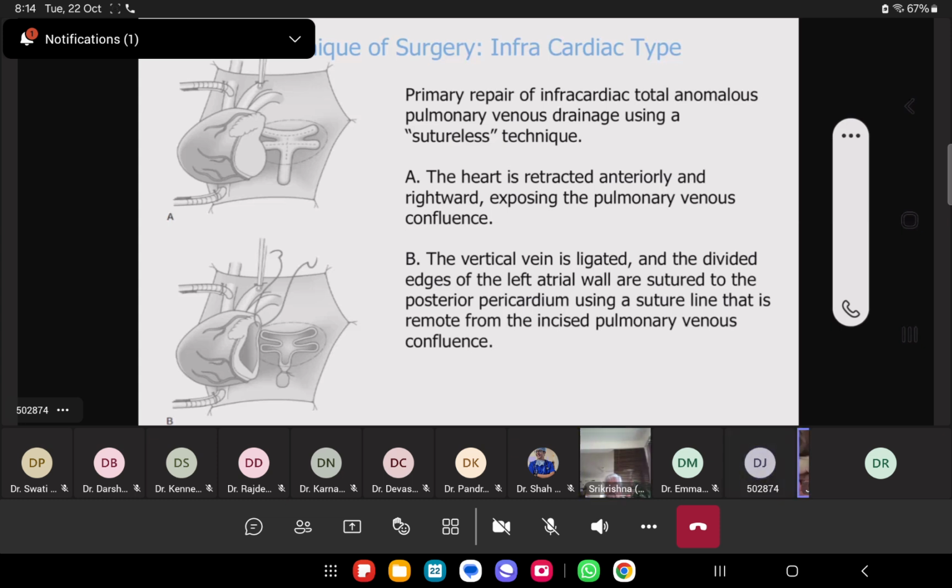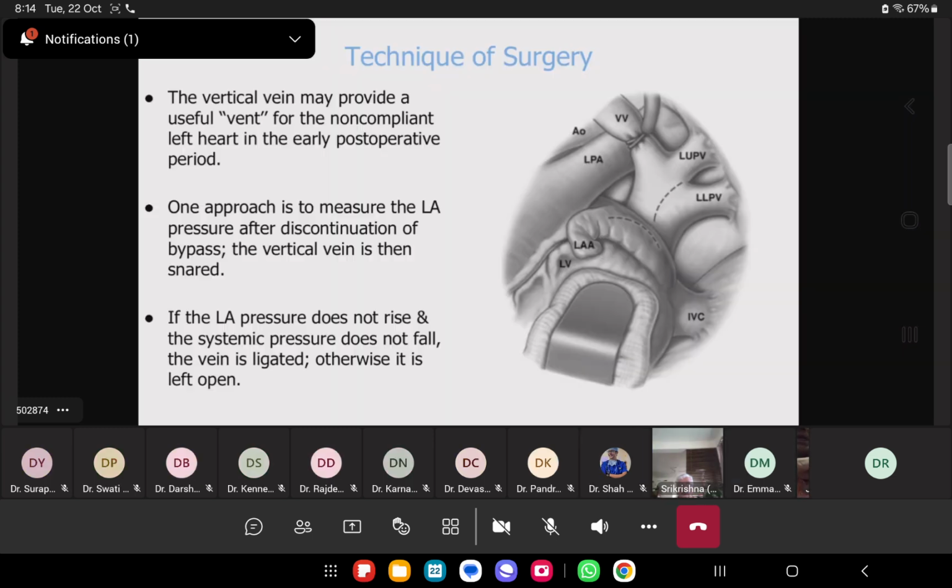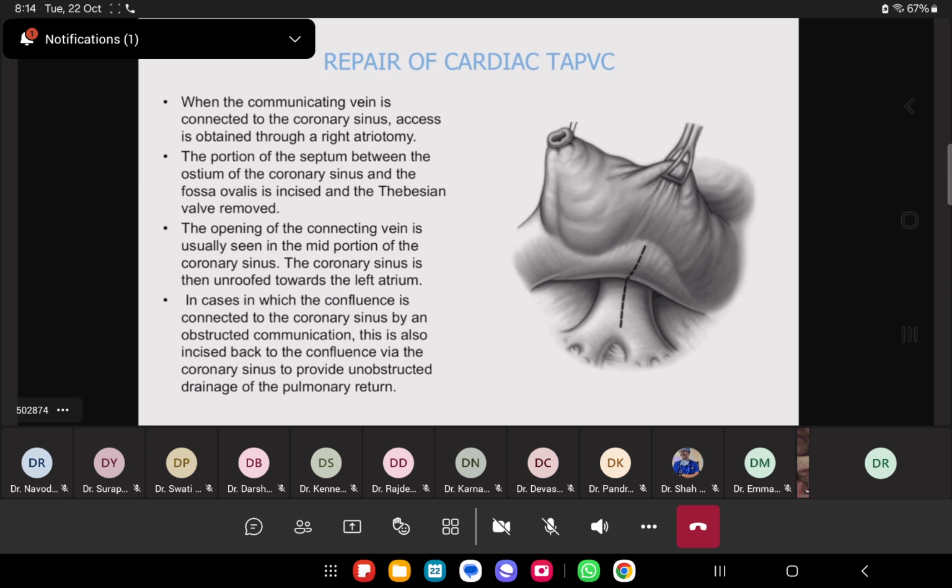The other thing, the approach. You put a diagram of the cardiac type, which I don't agree with. No, not this. No, not this. The cardiac type. This is supracardiac. Yeah, the cardiac type, there is a diagram. Yes, sir, one second.